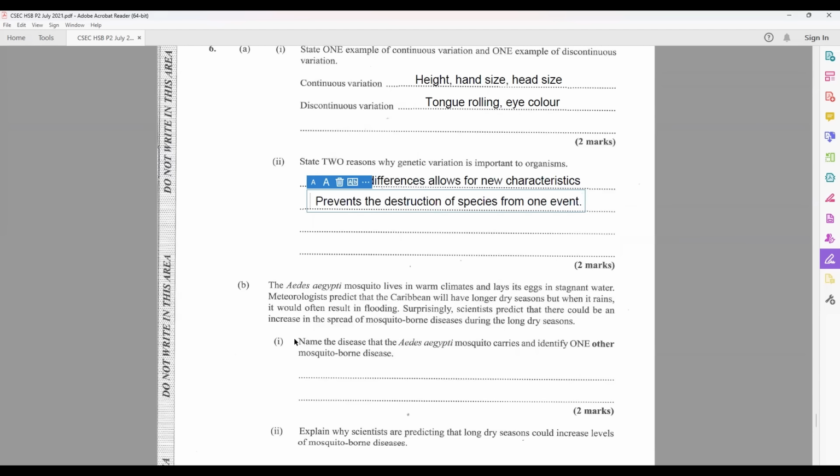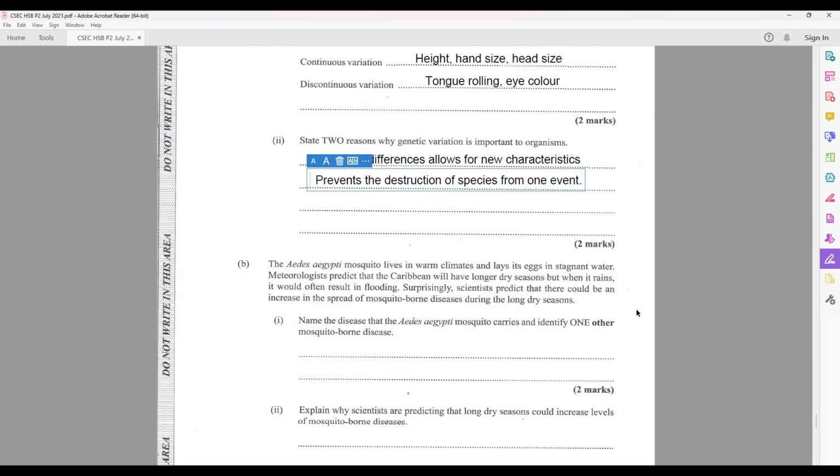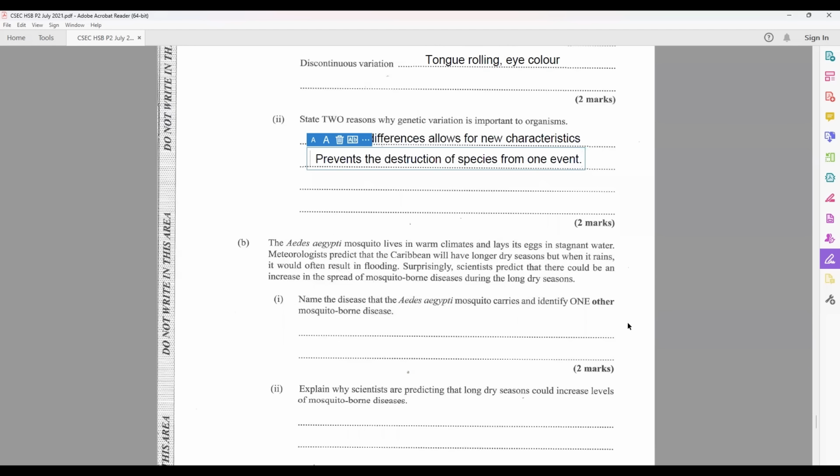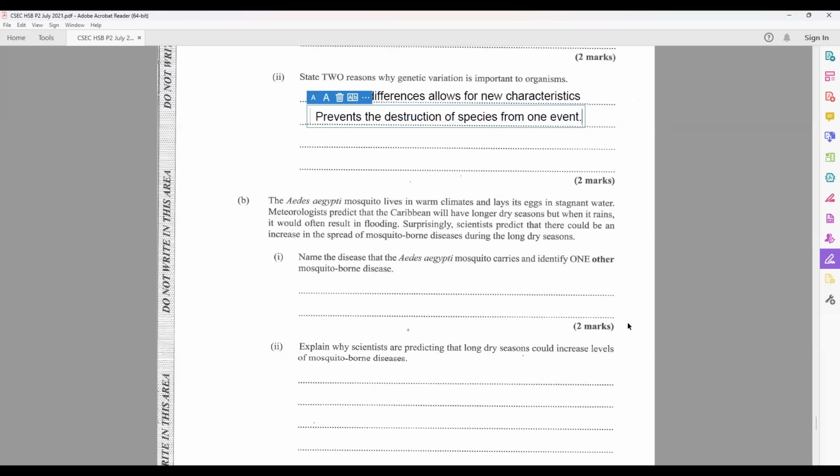Section B, which looks at the section D part of it with the Aedes aegypti mosquito that lives in warm climates and lays its eggs in stagnant water. Meteorologists predict that the Caribbean will have longer dry seasons, but when it rains, it will often result in flooding. Surprisingly, scientists predict that there could be an increase in the spread of mosquito-borne diseases during the long dry seasons.